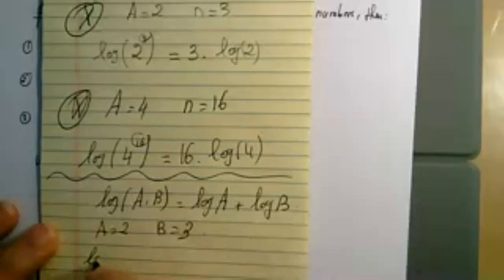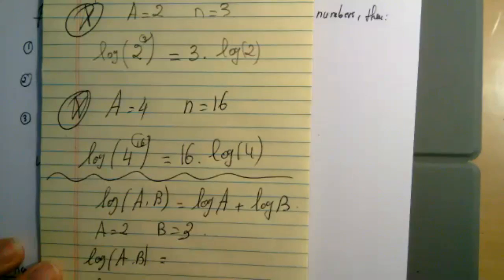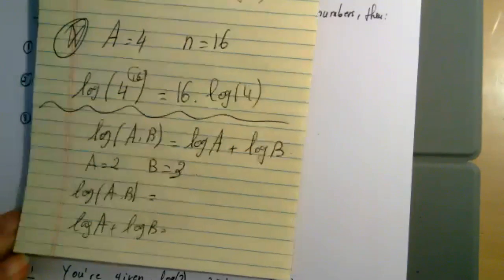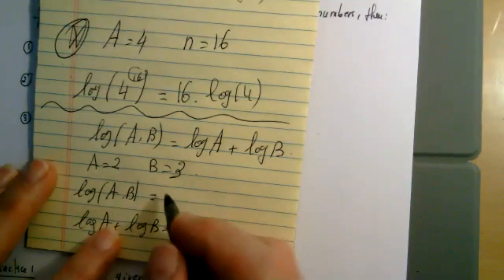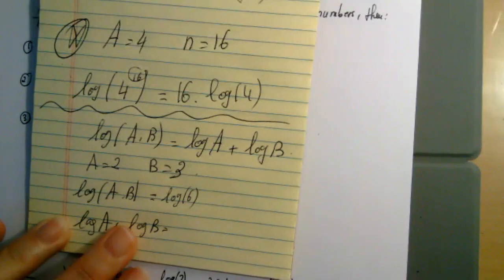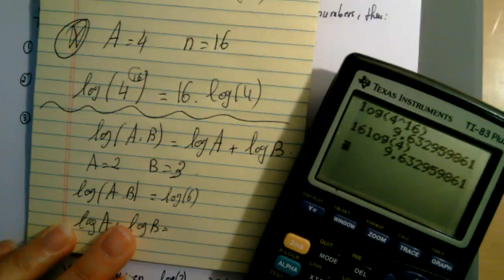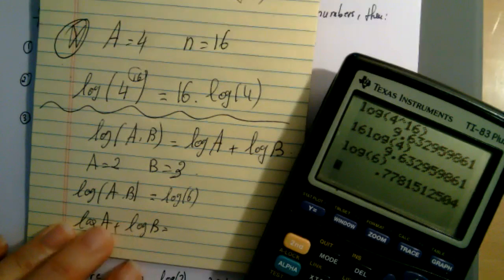I compute the log of A times B, and then I compute the log of A plus the log of B. What this is telling me is that you're going to get the same answer. So let us check it out. A times B is 6. All right, what's the log of 6? So I'm going to compute the log of 6. Log of 6 is 0.7781.